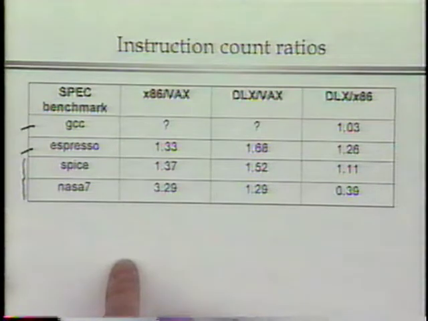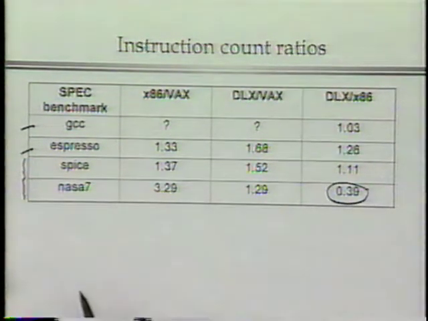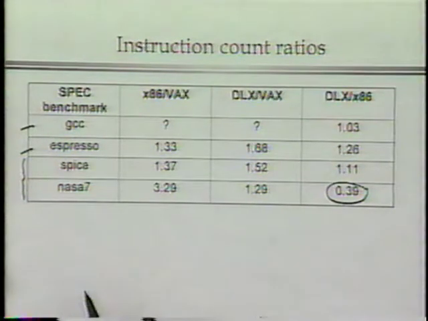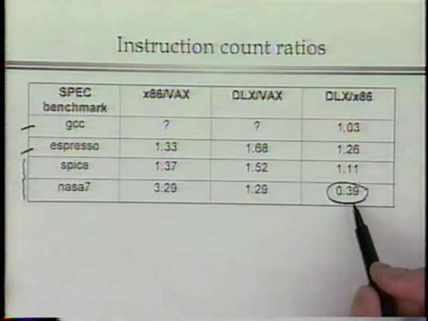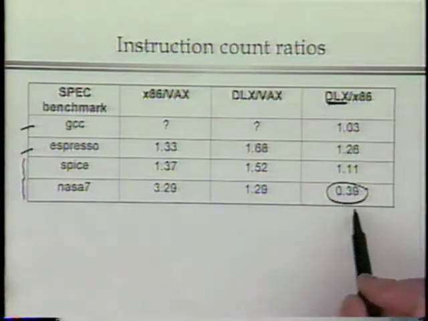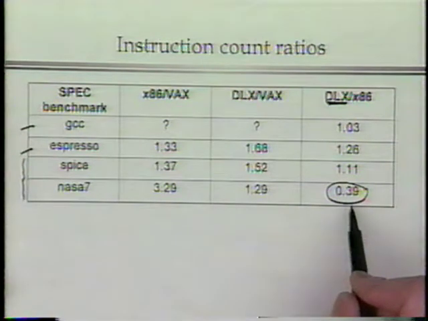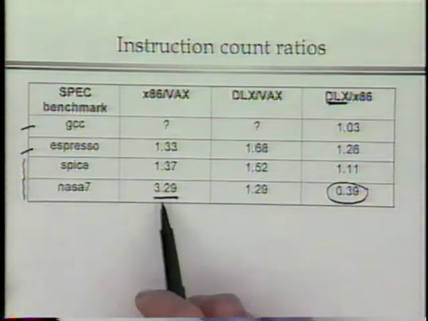There are always surprises, though, and the surprise here is what's happening in NASA 7, one of these floating point programs, where the DLX to x86 ratio is way down, indicating that either the DLX is doing a surprisingly small number of instructions or the x86 is doing way too many. And if you look at the x86 to VAX ratio, you see that it is also way up.